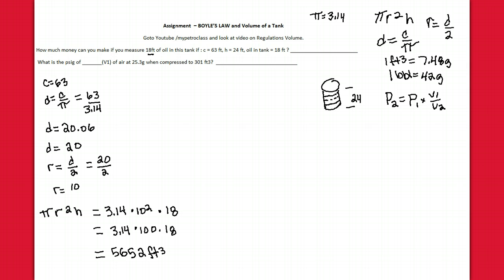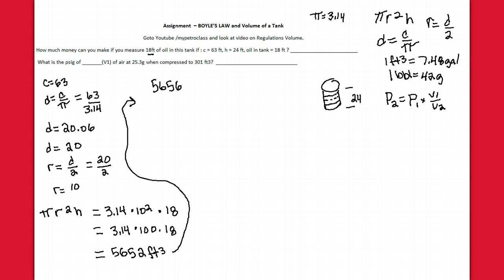So what do we need to do to convert that? We'll come back up here. That's cubic feet. In 1 cubic foot of liquid, we have 7.48 gallons.